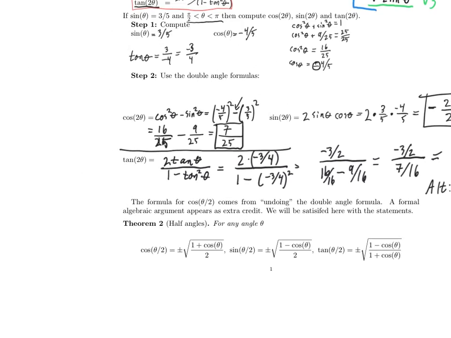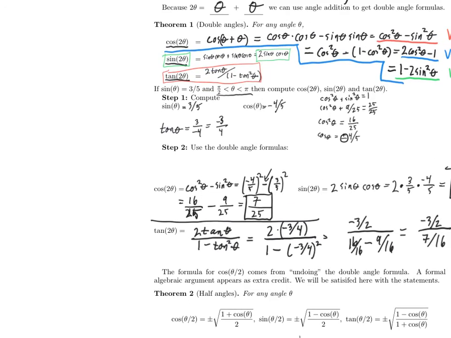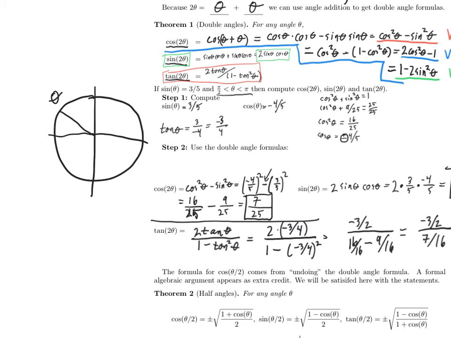Maybe we'll do one more quick sanity check. Let's think about where this angle is so we can think about where it'll be when we double it. So let's draw this thing in the unit circle. So sine is 3/5 and cosine is negative 4/5. So there's the angle theta. So it looks like it's a little bit bigger than 3 pi over 4.